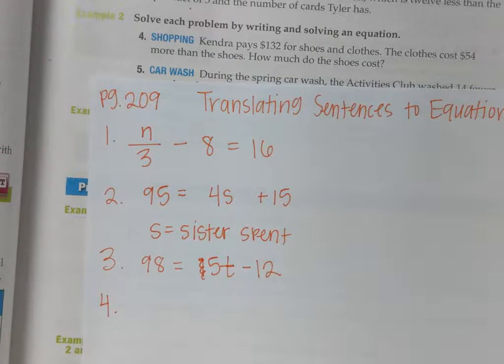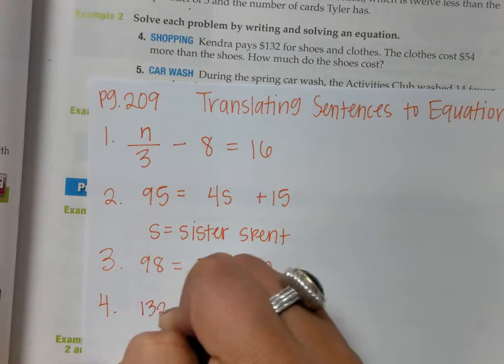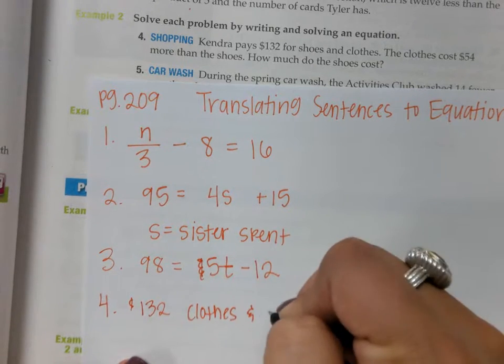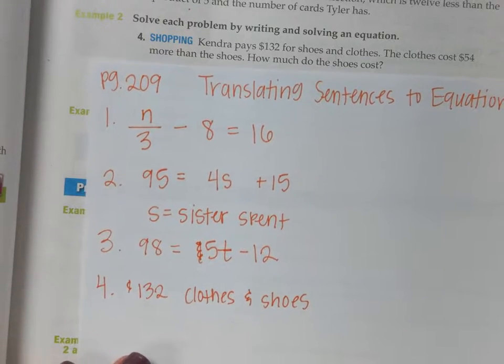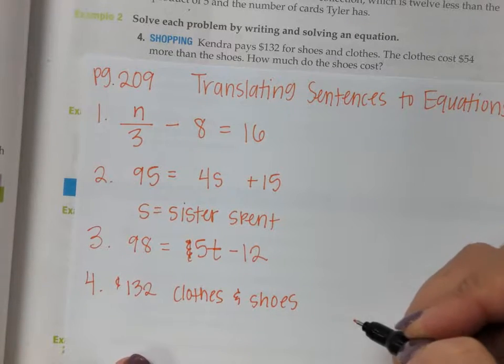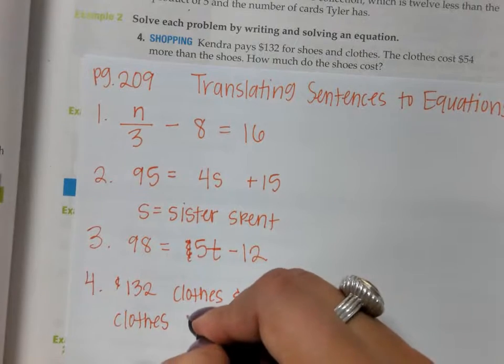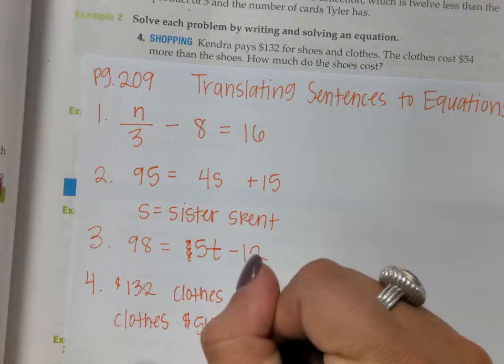It says Kendra pays $132 for shoes and clothes. The clothes cost $54 more than the shoes. How much do the shoes cost? All right, so we know that it's $132 for clothes and shoes. So combined is $132. It tells me that the clothes are $54 more than shoes.